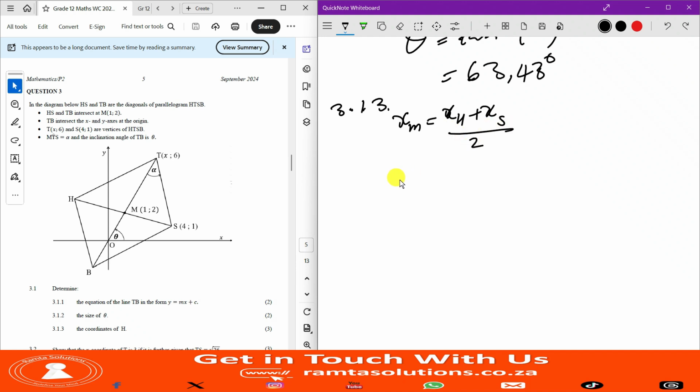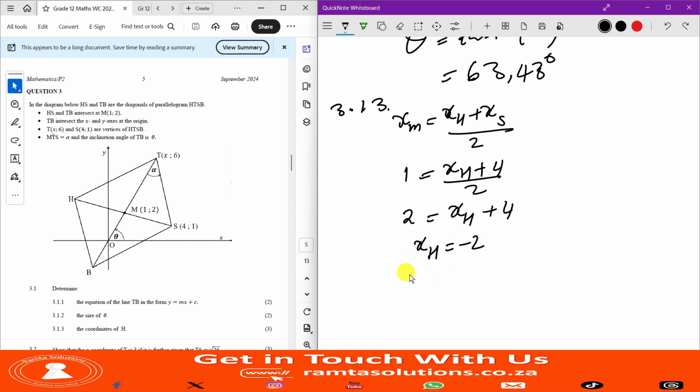What is x of M? It is 1. X of H, I do not know. X of S is 4, all over 2. Multiplying throughout by 2, I get 2 equals x of H plus 4. Therefore, x of H equals -2.